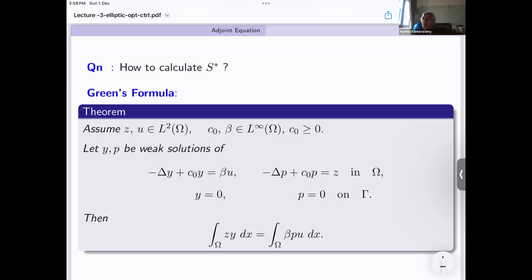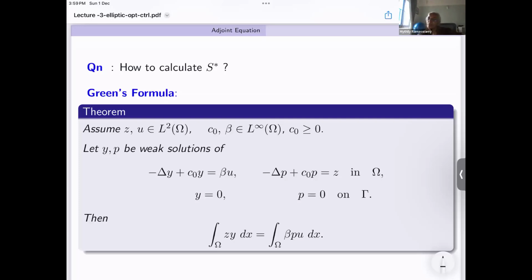So how do we do that? The standard integration by parts. So first term will be minus Laplacian of y into p. So you have to throw the Laplacian on p. So you will have to integrate by parts twice, and both the times boundary terms will disappear.